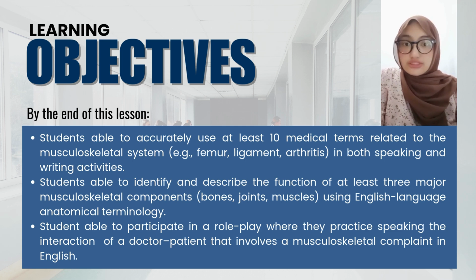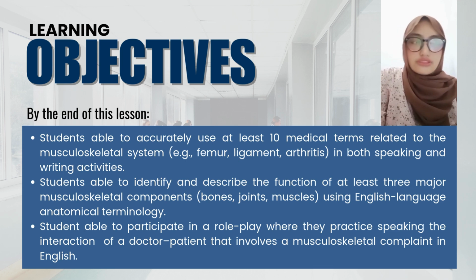There are 3 points here that you're going to achieve by the end of the lesson as a student. First, you need to accurately use at least 10 medical terms related to the topic, the musculoskeletal system.